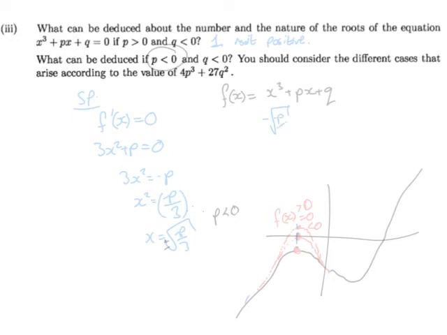And finally, if it's less than 0, we have no extra roots to add to our single positive root. Now the algebra here gets quite tricky, and we're going to follow the route for the value of f(x) being greater than 0, and then at the end we can change it to an equal sign and flip the direction and deduce the other two.